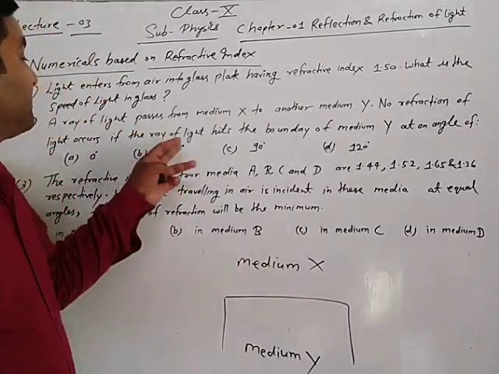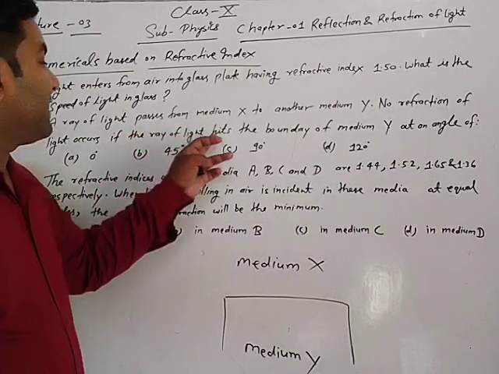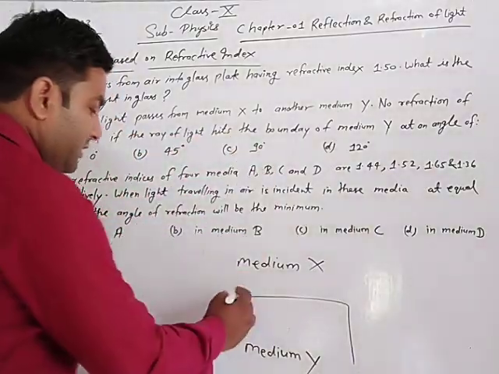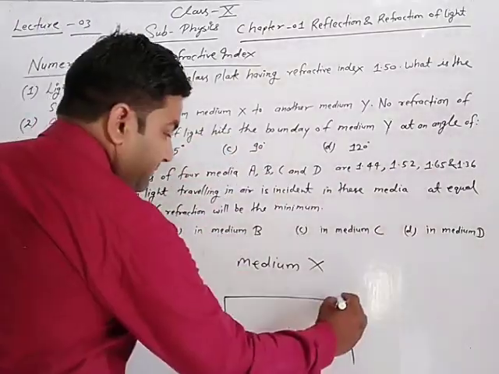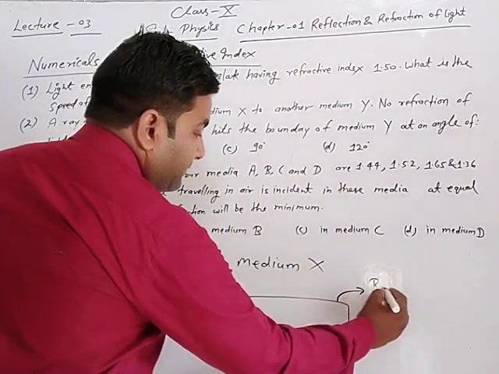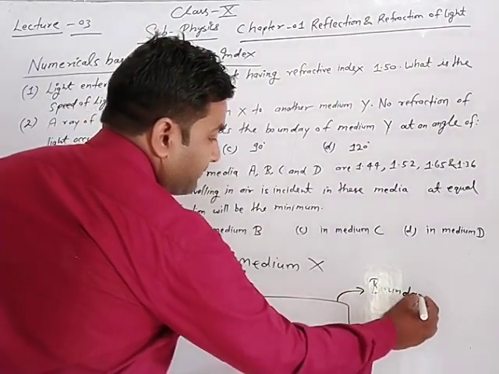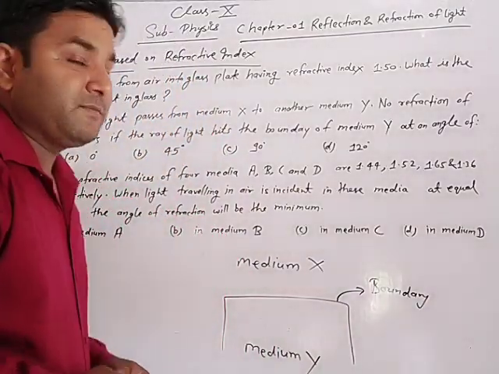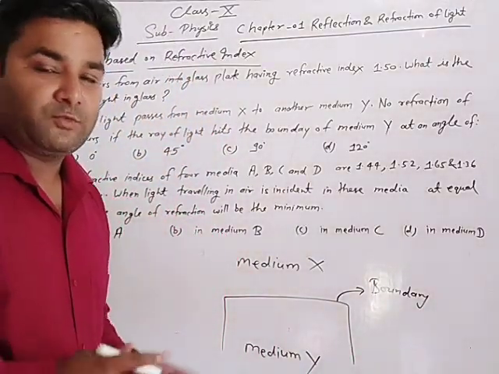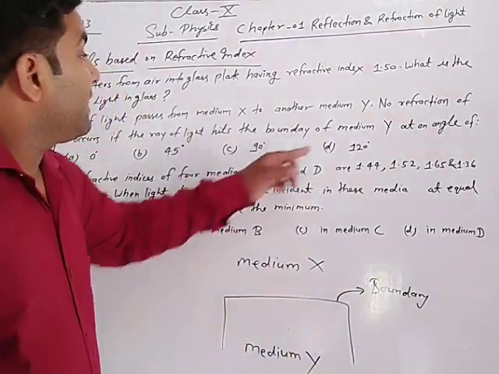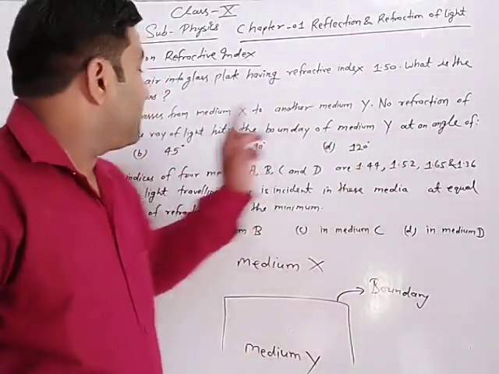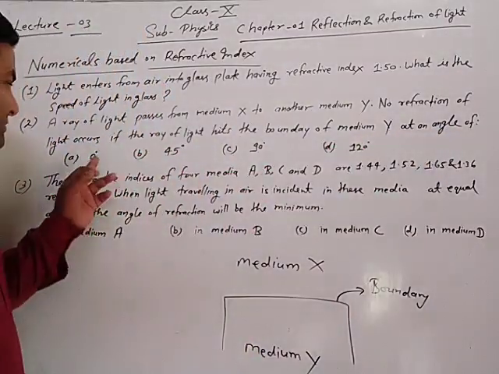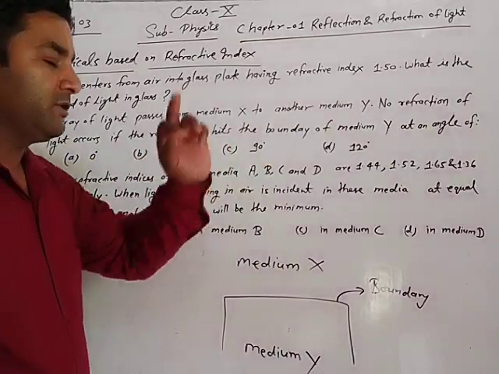Then what is the question? If the ray of light hits the boundary of separation of the two media at an angle of, here four angles are given, 0 degree, 45 degree, 90 degree, 120 degree.